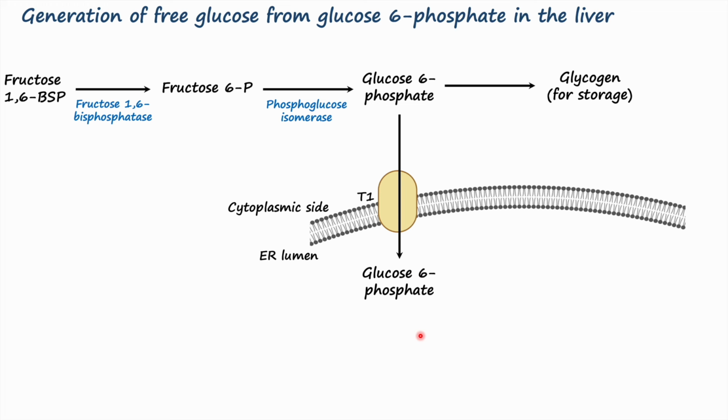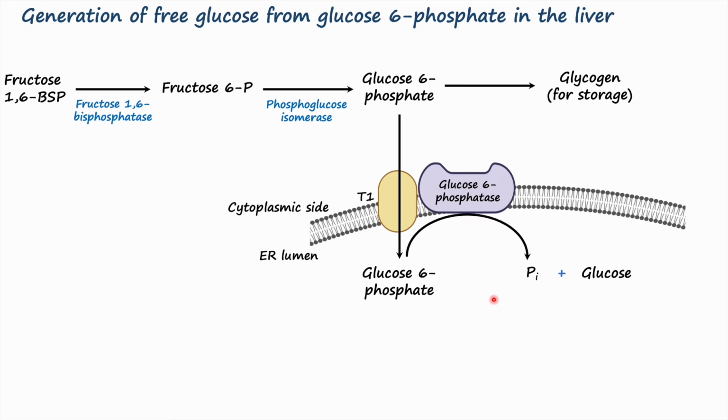And once inside the endoplasmic reticulum, glucose 6-phosphate is hydrolyzed to inorganic phosphate and glucose with the help of the ER membrane-bound glucose 6-phosphatase enzyme. And this inorganic phosphate and glucose are then shuttled back with the help of transporter 2 and transporter 3 into the cytosol. This is something I thought is very important to know, how free glucose is generated from glucose 6-phosphate.